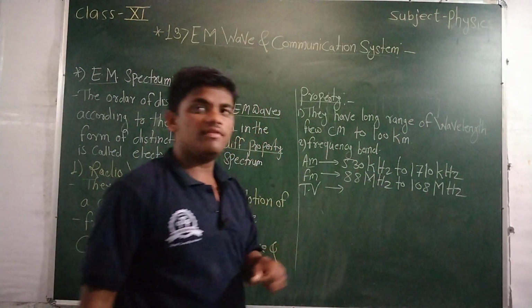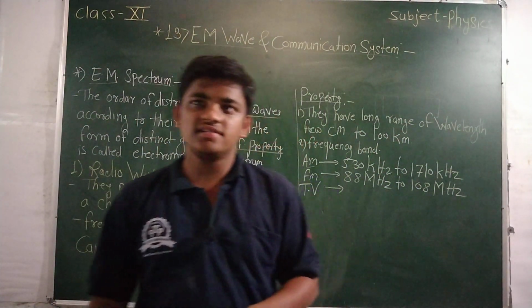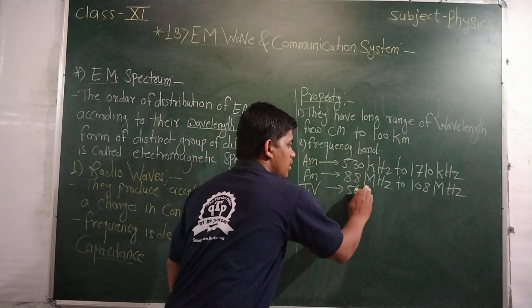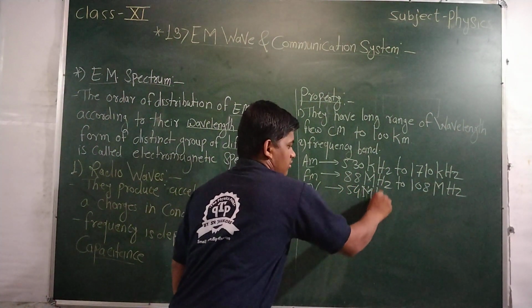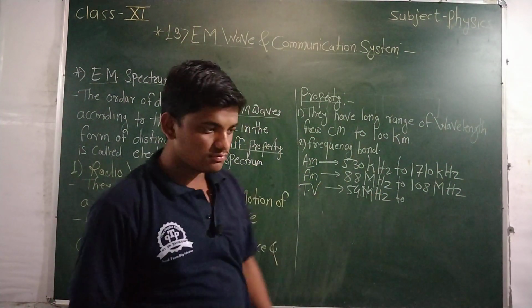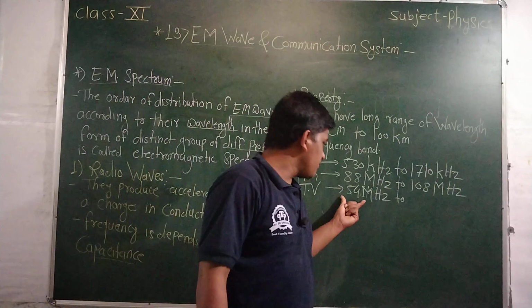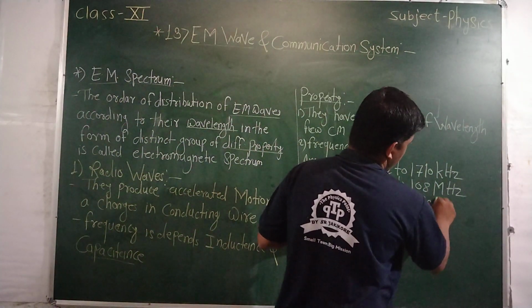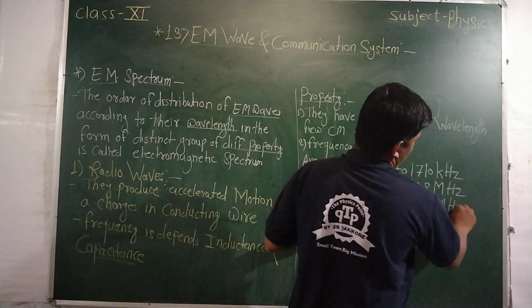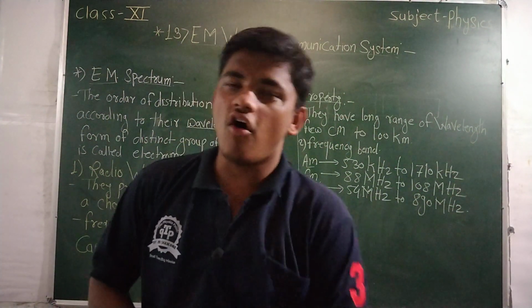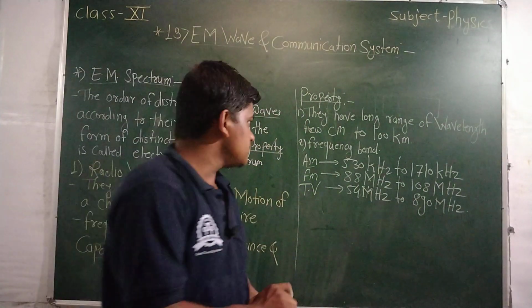For television signal transmission, the range starts from 54 megahertz and ends at 890 megahertz.